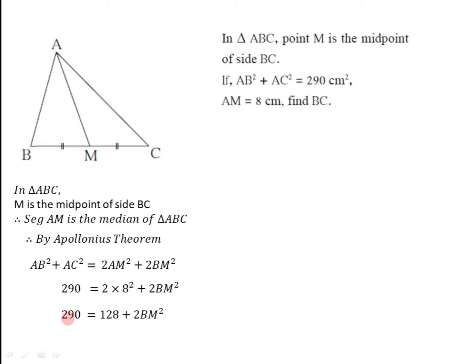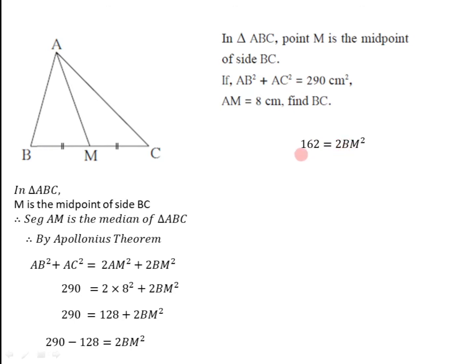If we simplify this, we get 290 is equal to 8 square is 64, and 64 into 2, that's 128 plus 2 BM square as it is. If we take 128 to the left hand side, we get 290 minus 128 is equal to 2 BM square. 290 minus 128 is 162 is equal to 2 BM square.